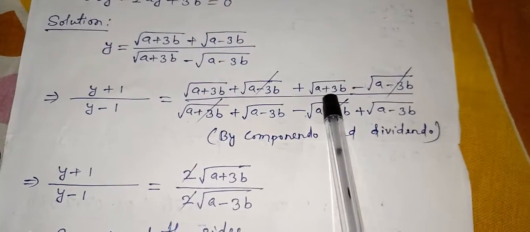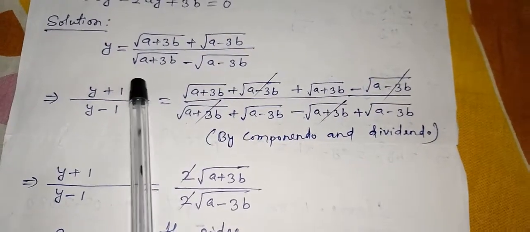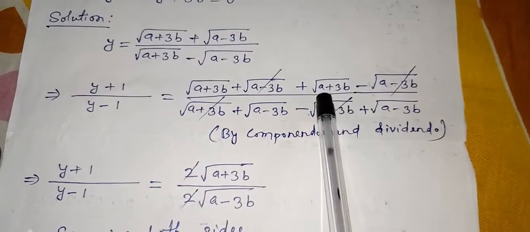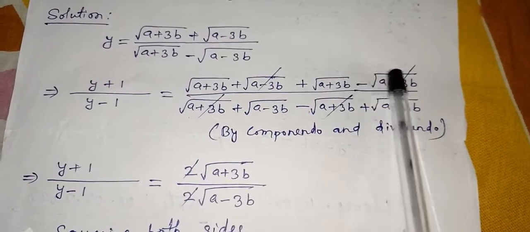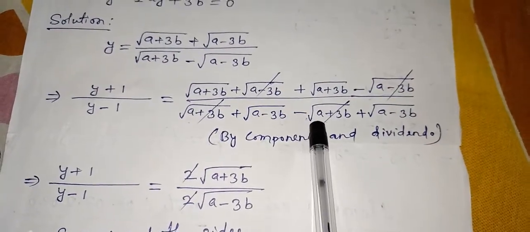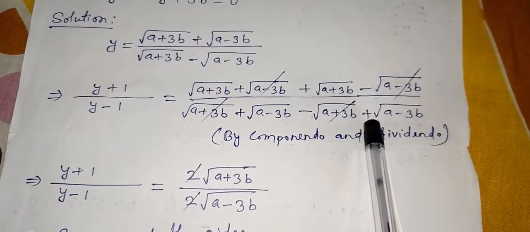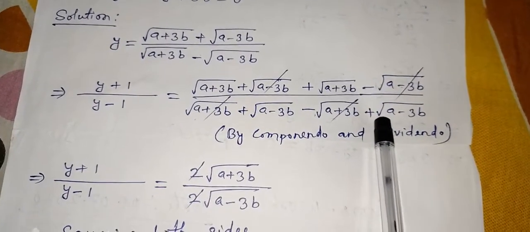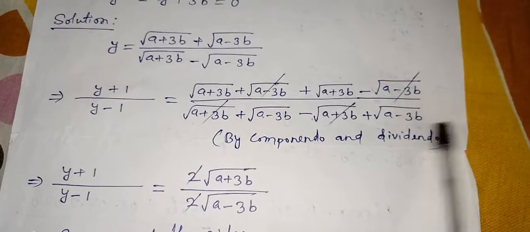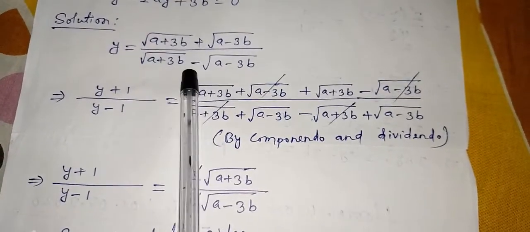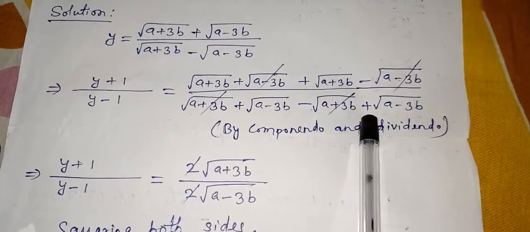Now you can see here at the top I wrote the same thing, root over a plus 3b minus root over a minus 3b, and same thing I wrote here, root over a plus 3b, but you can see this minus has become plus. Now you might be saying, why sir? Actually when the bracket opens, this minus and this minus multiply and they become plus.